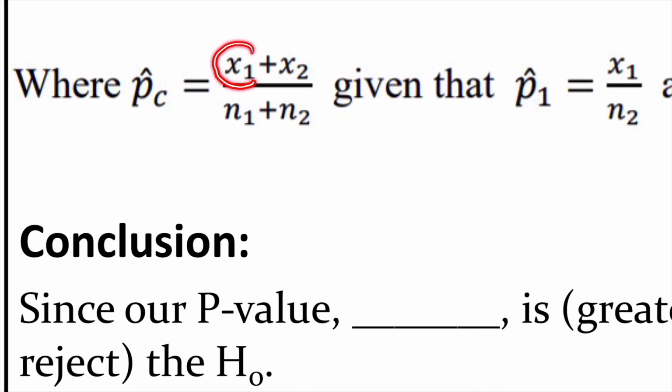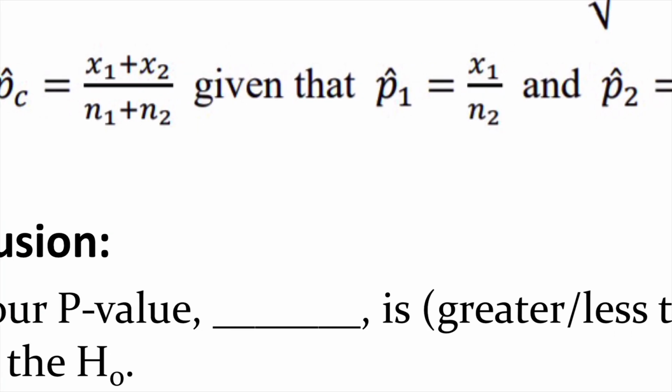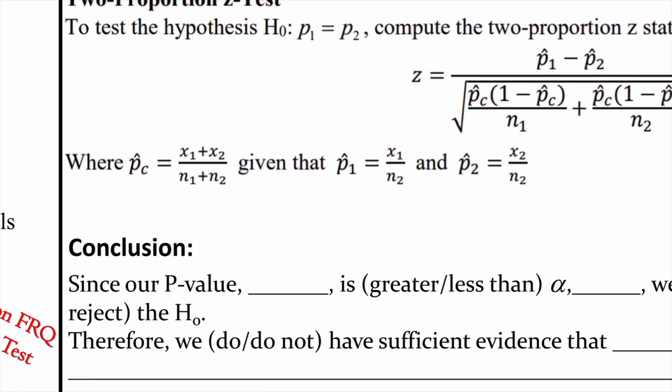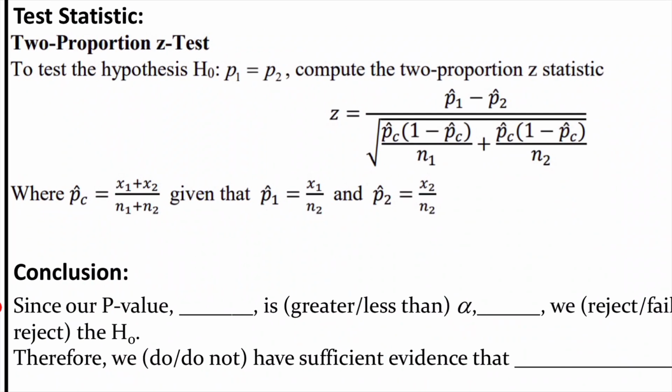We take the number in the numerator for the first sample, add it to the numerator in the second sample, divide it by the number in the denominator for the first sample plus the denominator in the second sample. That's pooling. We pool the samples together, and I'll explain why we do that when we actually get to the question. But that's all it is. Okay, it's not hard. It's just remembering to do it.